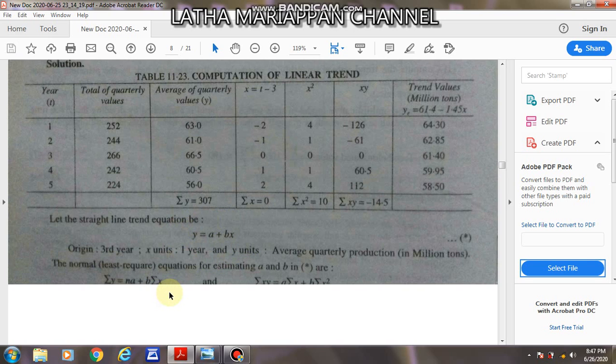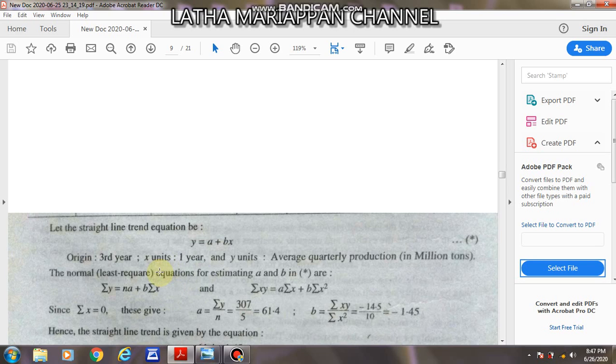I'll show you the normal equations. So here these are the normal equations. Summation of y is equal to na plus b into summation of x, and summation of xy is equal to a into summation of x plus b into summation of x squared. Now n we know, how many years they gave, 5 years.